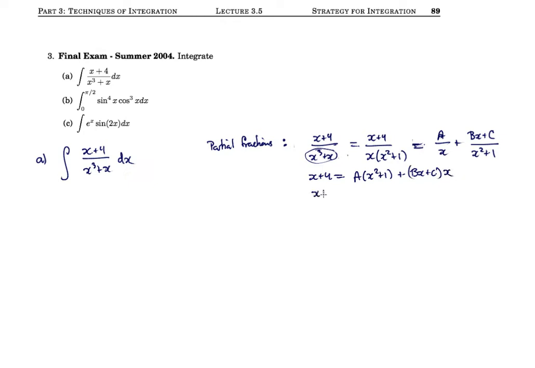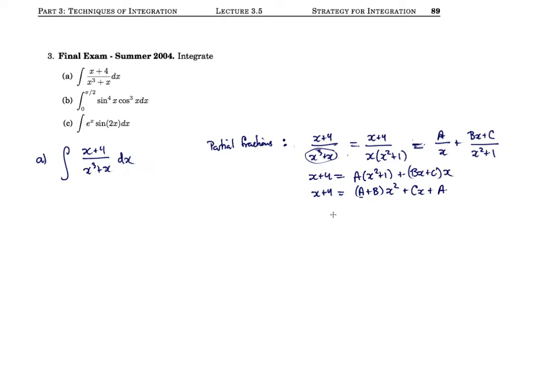And now we can expand everything out. So we've got an Ax squared and another Bx squared, so that's (A plus B)x squared. And a Cx, and an A, so that's plus Cx plus A. And the coefficients have to equal each other if these are to be equal as polynomials.